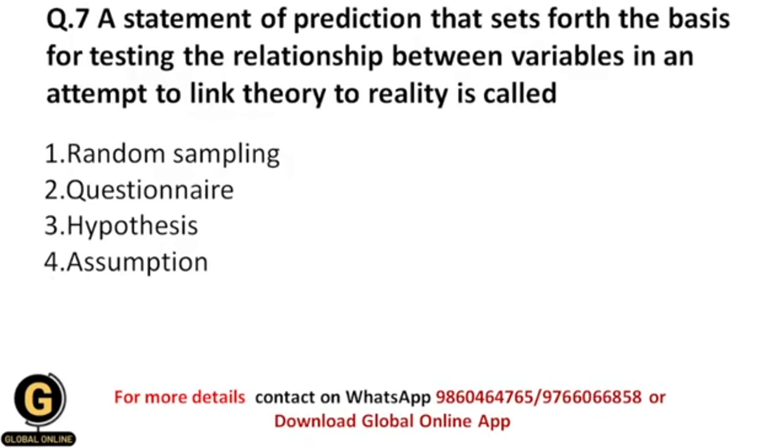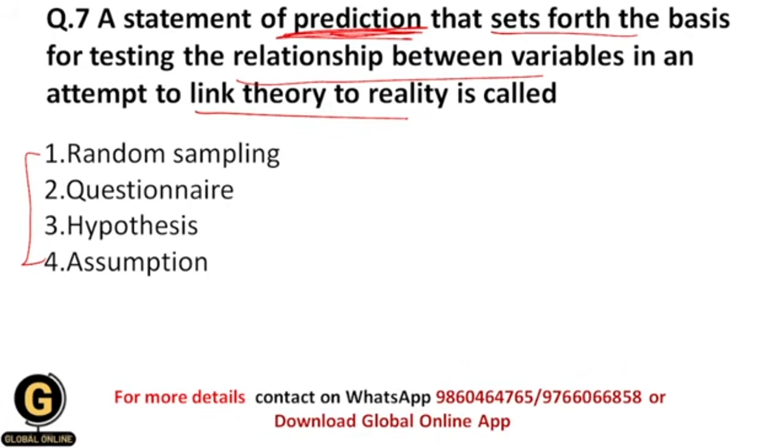Next: a statement of prediction. Now here focus on the word prediction, that sets forth the basis for testing the relationship between variables in an attempt to link theory to reality is called. So from these options, which is the statement of prediction? This statement of prediction gives us a basic idea for testing the relationship between the variables.